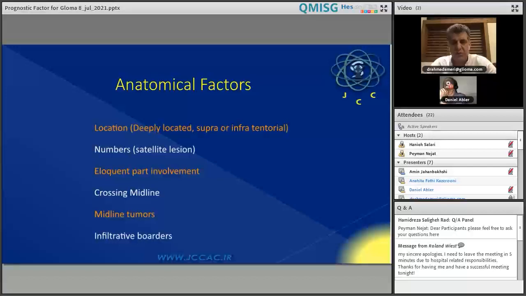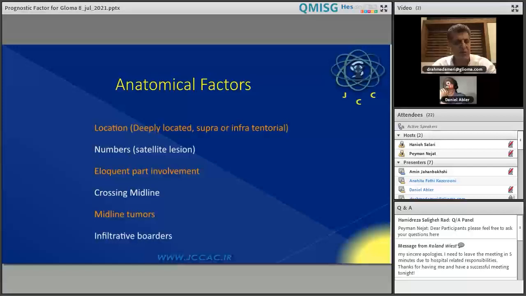Anatomical factors, as I said, we usually use routine MRI, including T1 weighted, T2 weighted, FLAIR, and somewhat diffusion weighted MRI. We don't know more than this, and we usually should decide based on this series. More complicated series and sequences are not useful for me as a clinician.